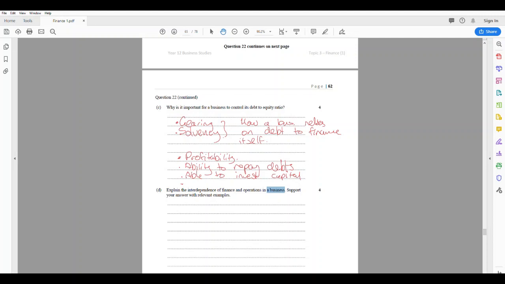It's also important to avoid getting in too much debt. We can possibly call this a debt trap situation, where a business may borrow money, and in order to pay it back, they might need to borrow more, and it's a spiral. So that is essentially our answers.